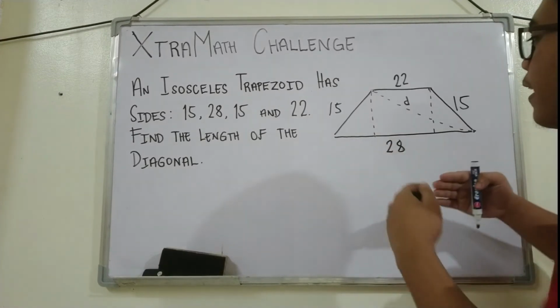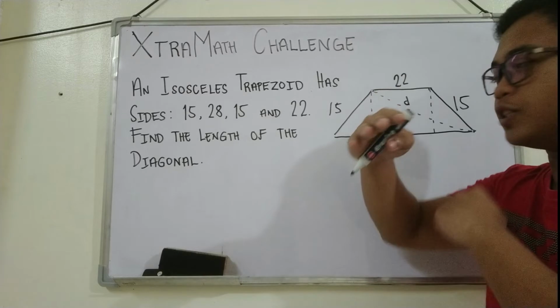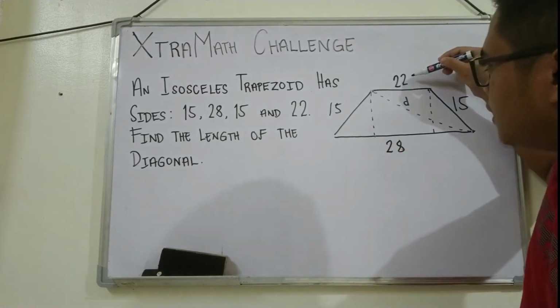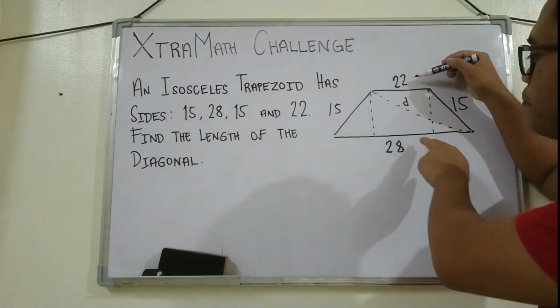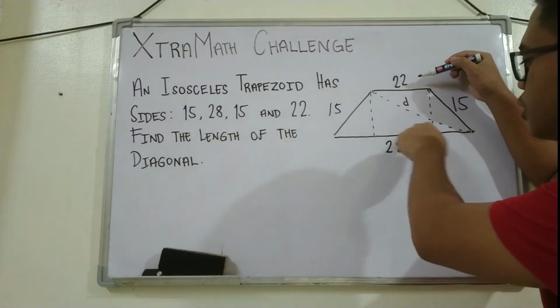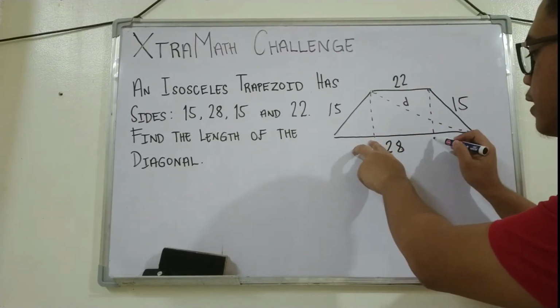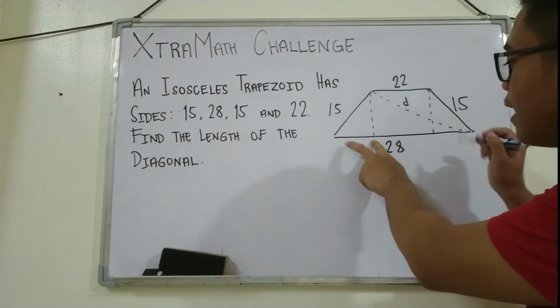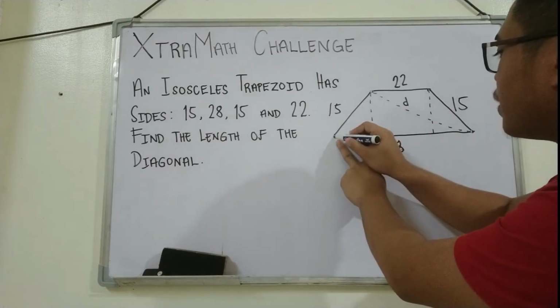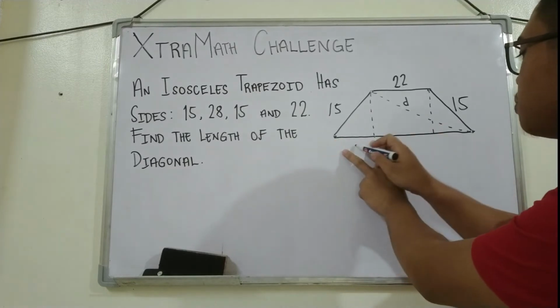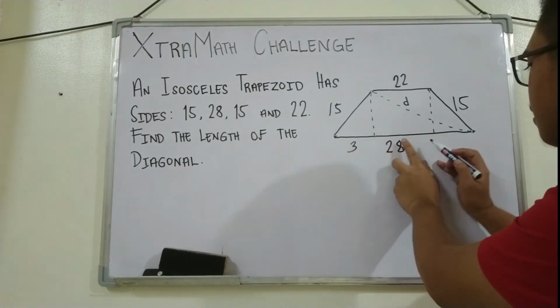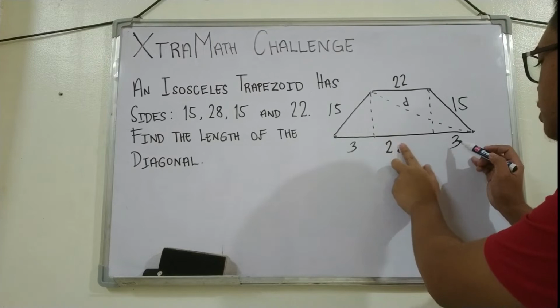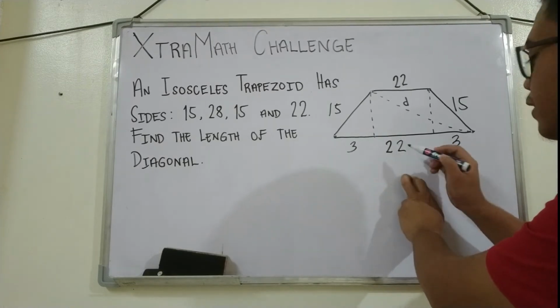And since in a rectangle the parallel sides must be equal, it means this side here, from here to here, is equal to 22. And to retain the whole length of this base to be 28, then this must be 3, and this must be 3, and this is equal to 22.